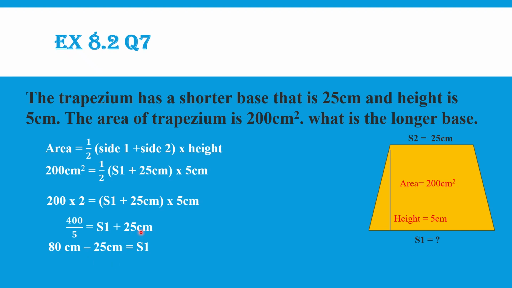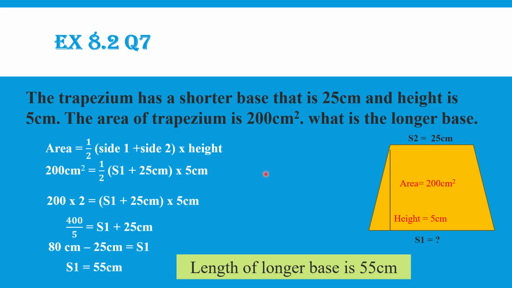So we will subtract 25 on this side and here we are left with side 1, which we have to find out. Now let's subtract them and we get side 1 is equal to 55 centimeter. So it means one side of this trapezium is 25 centimeter, which is the shorter side, so the longer side will be 55 centimeter.